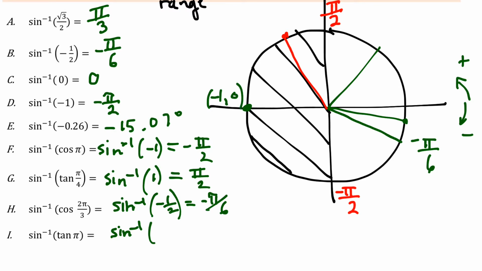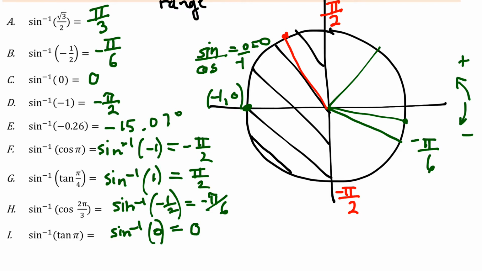The tangent is sine over cosine, so that is 0 over negative 1. So this would be the inverse sine of 0. That means, what is the angle whose sine is 0? We know that one too. That was this angle over here. The sine is 0 at 0 degrees or 0 radians.